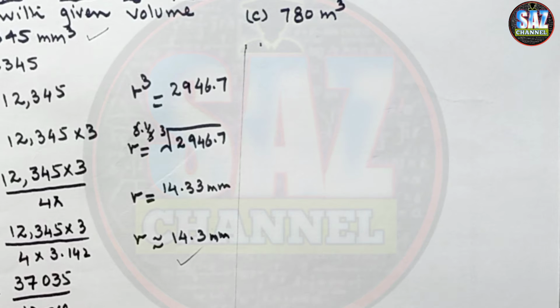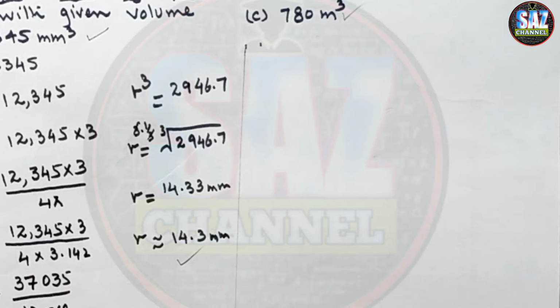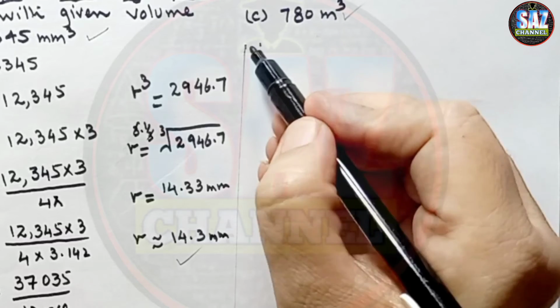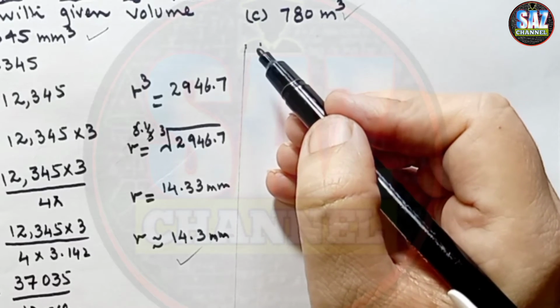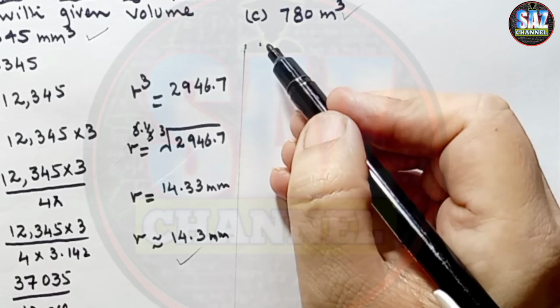And in the next part, the given volume is 780 meter cube. I always ask my students to compare the data and values before moving to the solution, so that if there is any problem in the data, we can correct it before going to the working.